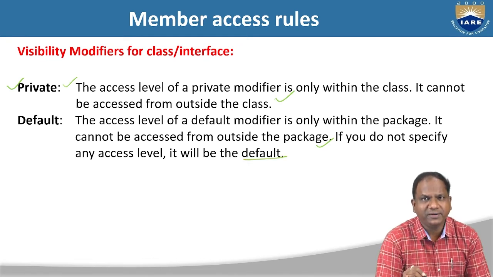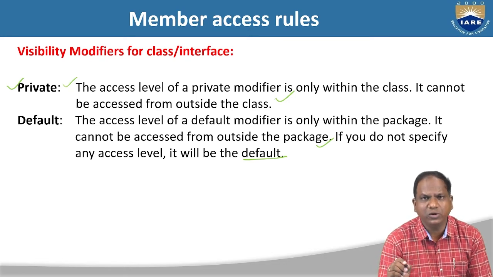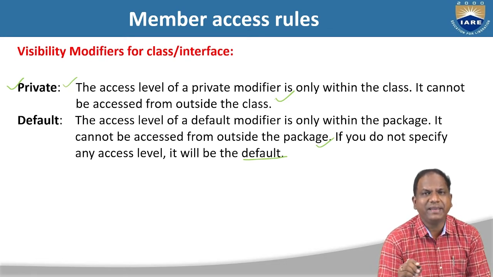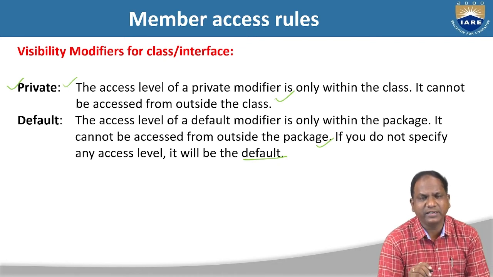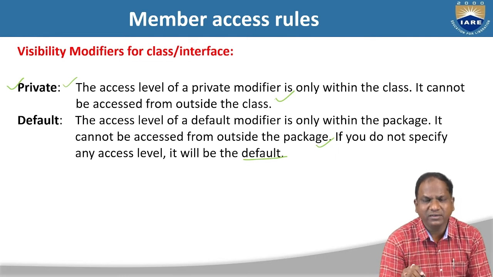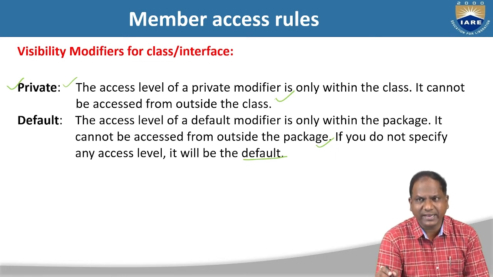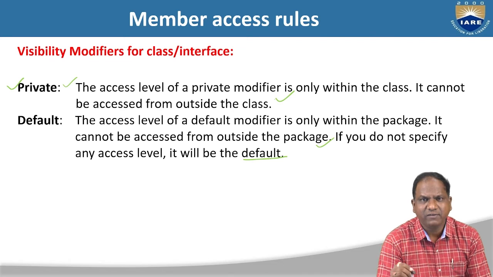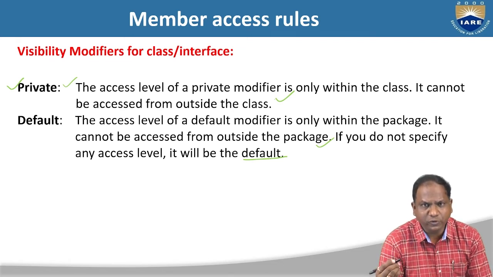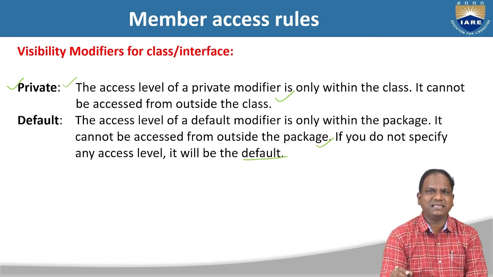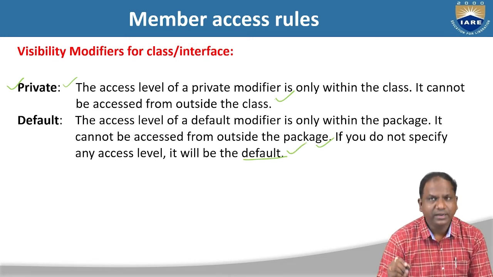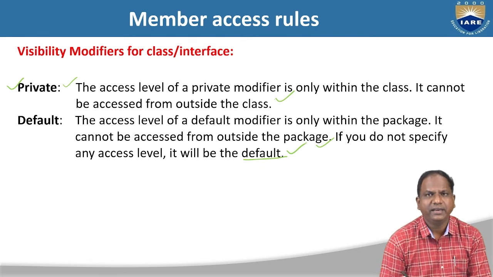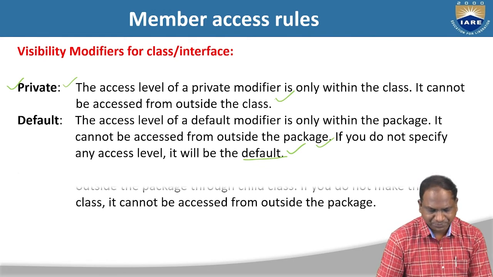So one is private: the accessibility level of private is only within the class, and it cannot be accessed from outside of the class. When your modifier is default, you can access it only within a package. It cannot be accessed from outside of the package. So if you do not specify any access level, either private or otherwise, by default it will be default.